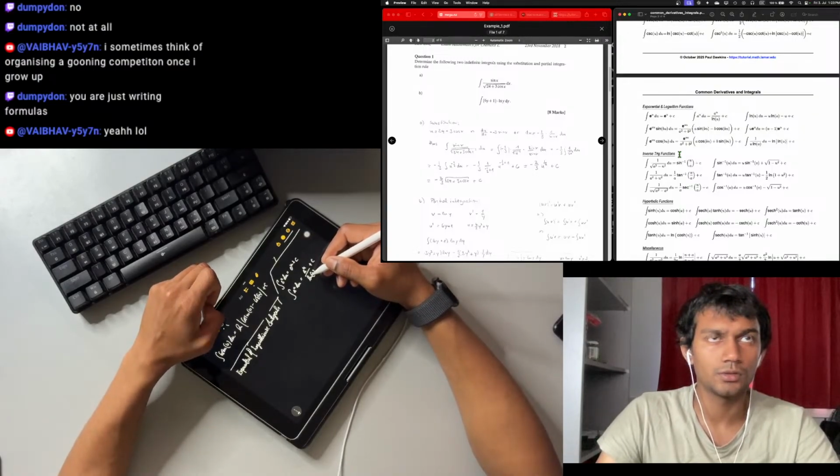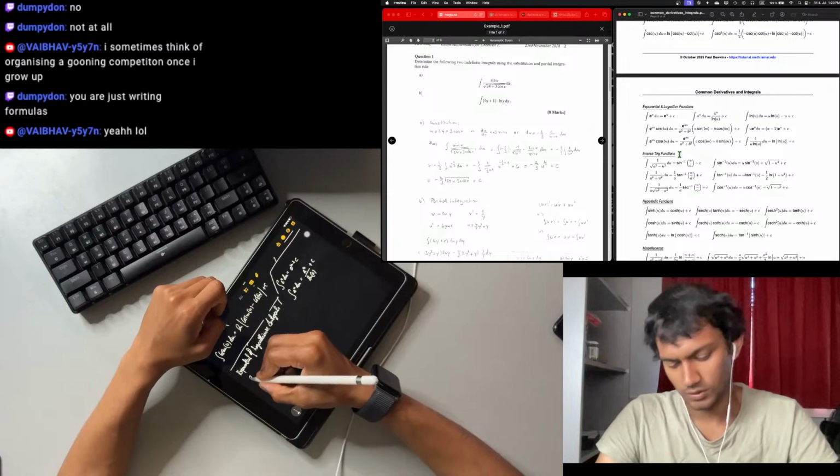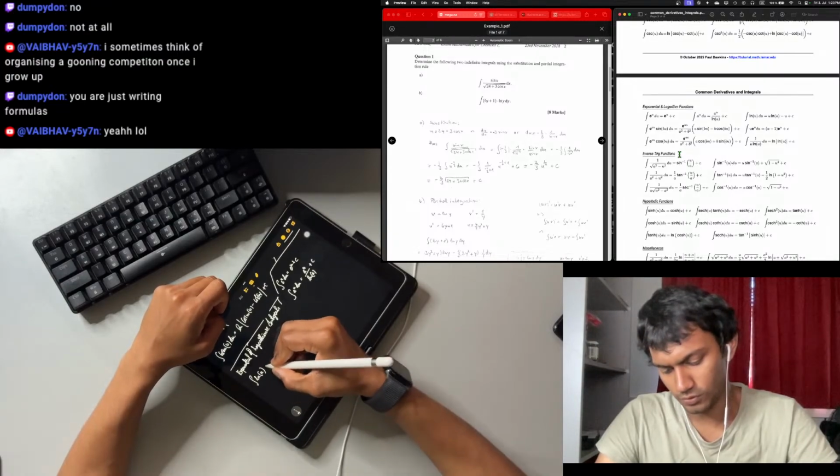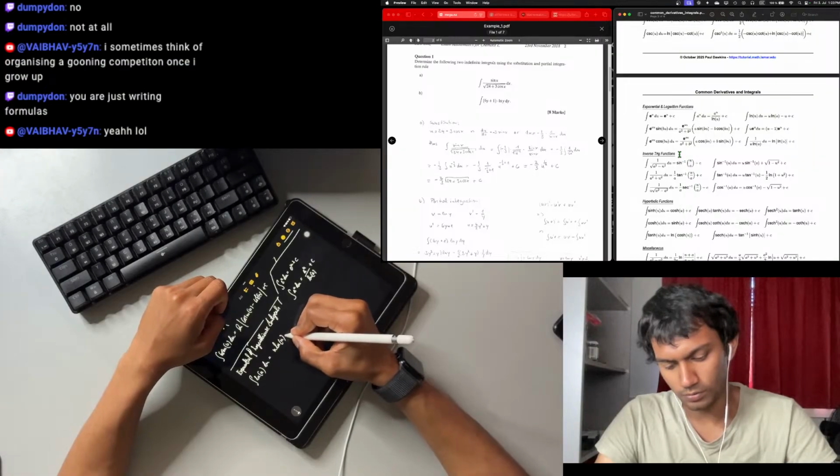Integral natural log of u du equals u... That's the formula? Integral of natural log of u du equals u times natural log u minus u?